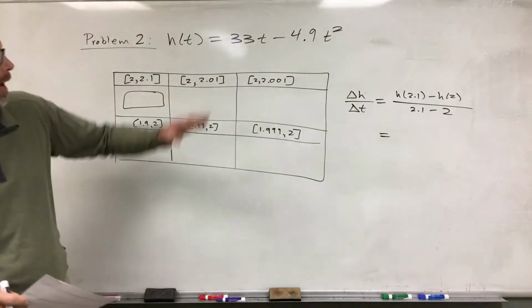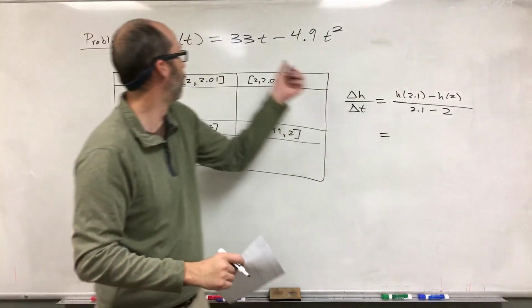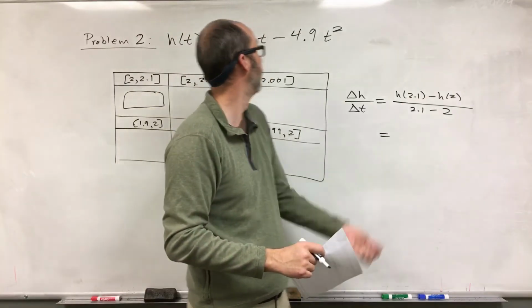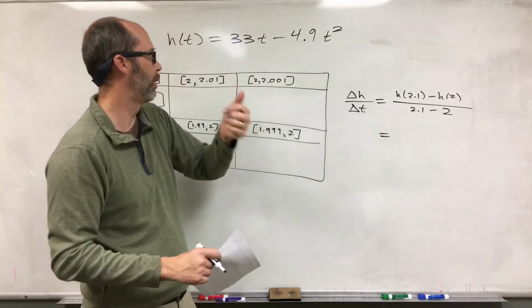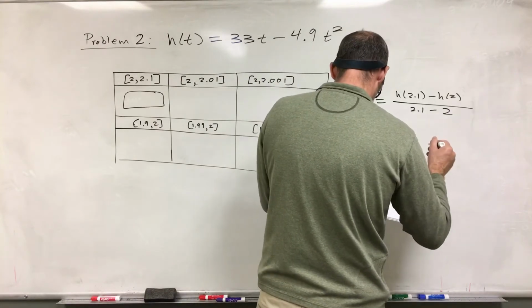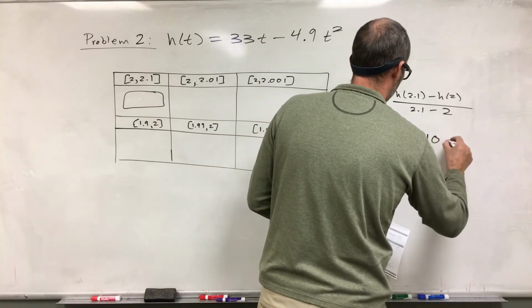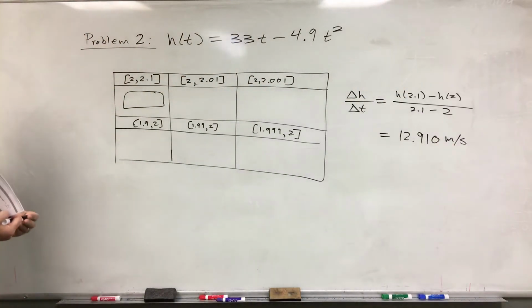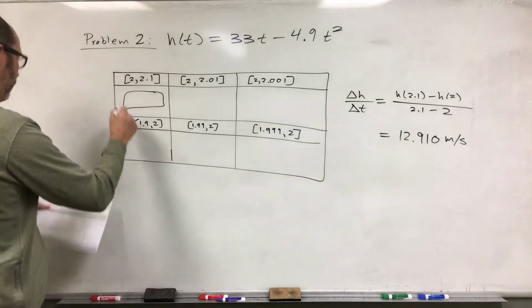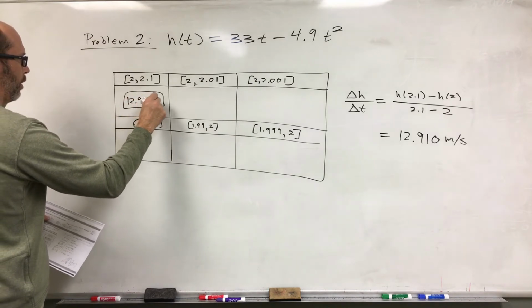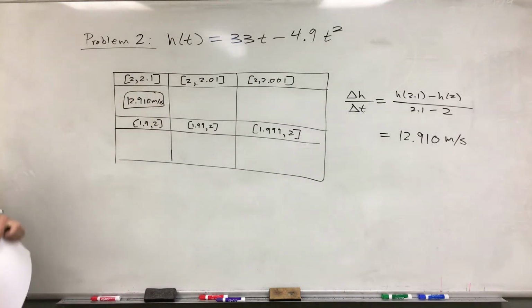If you do all of that math, putting the 2.1 in for t there, computing that number, and subtracting, putting a 2 in for that number, we get 12.910 meters per second, something like that.